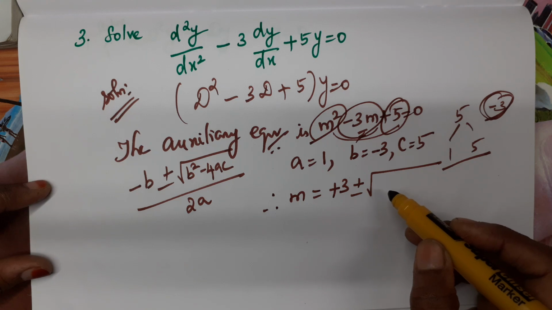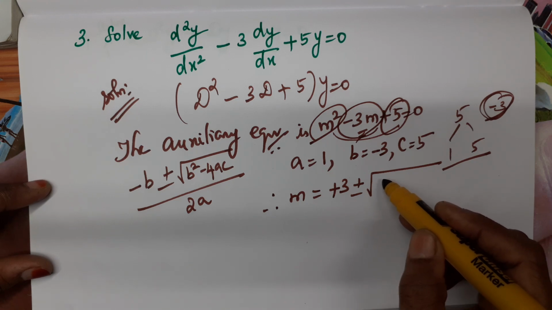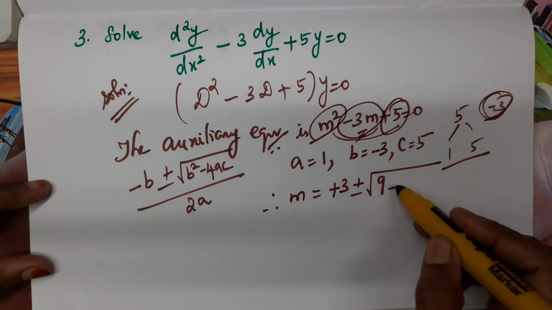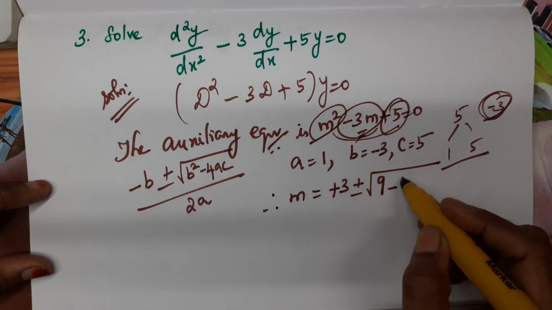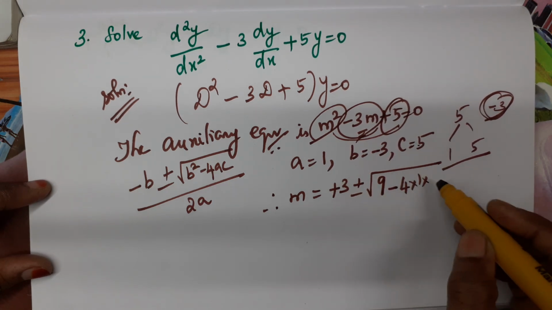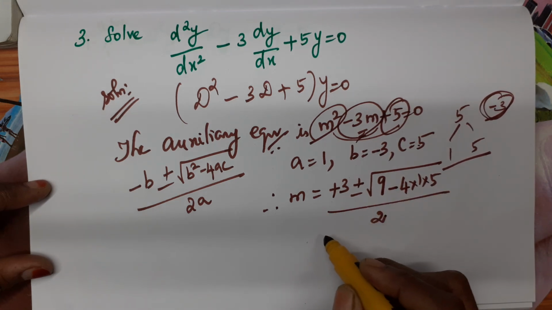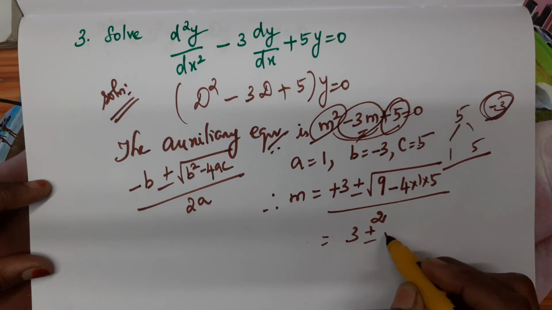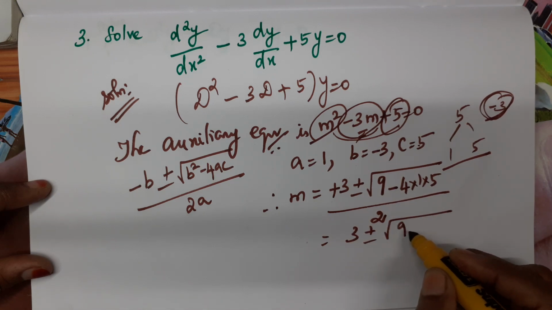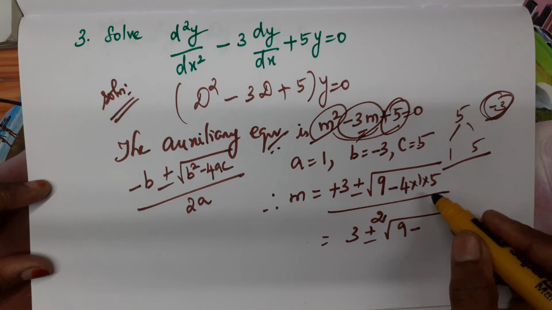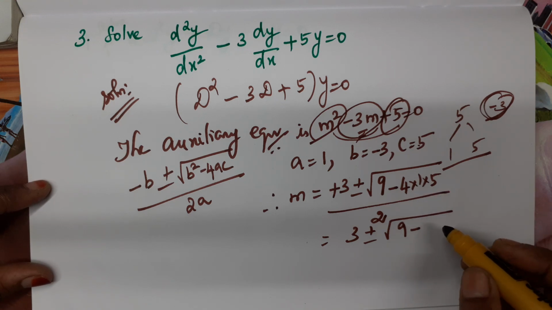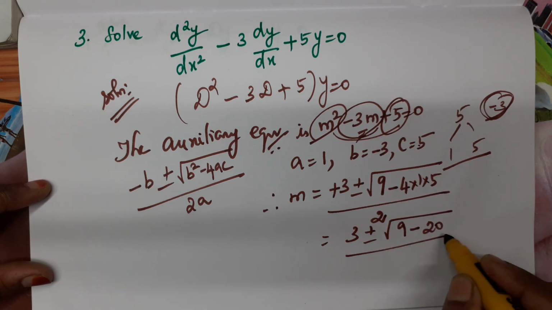What is my b squared? It is minus 3 the whole squared, 9, minus 4 into 1 into 5, by 2 into 1, that is 2. So 3 plus or minus root of 9 minus 5 into 4, it is 20, by 2.